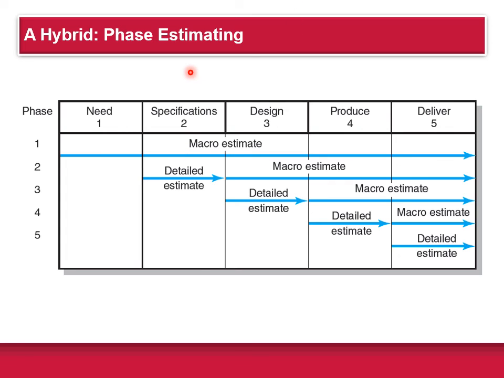The final approach is what's called the hybrid approach, or phase estimating. This is used when you have an unusual amount of uncertainty surrounding a project, and it's impractical to estimate times and costs for the entire project. So the cost estimating is done in phases over the lifetime of the project.